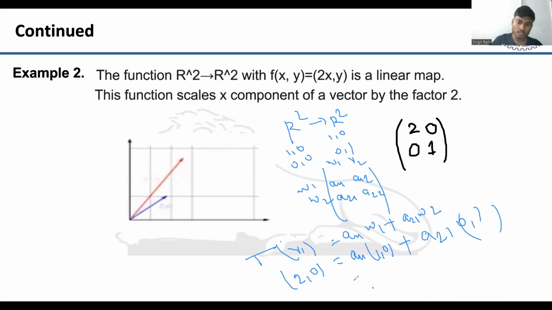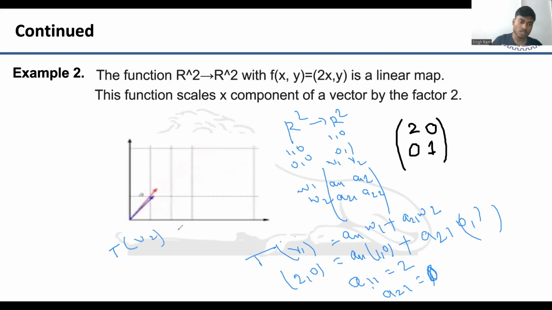From here A11 will be 2 and A21 will be 0, right? Now next, applying the transformation on V2.